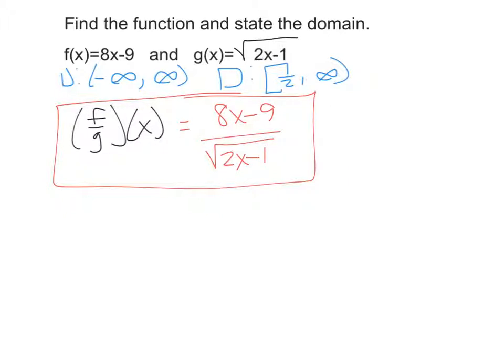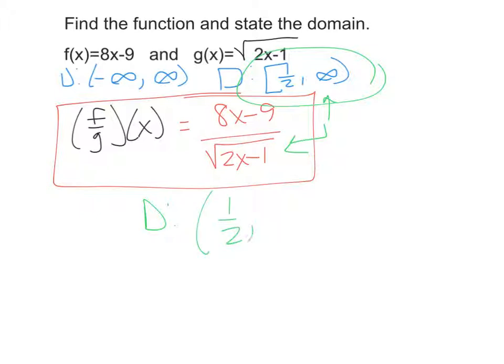The biggest issue is not only do I have a radical, but where is that radical? In the denominator. So my domain is 1/2 to infinity, but in the denominator is 1/2 an option for me? No. So how do I readjust that domain? Good.